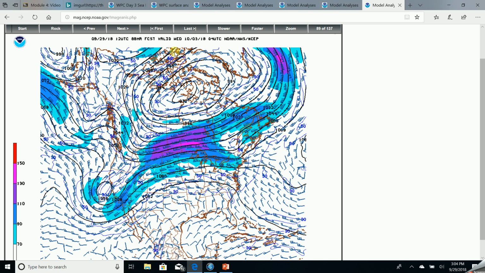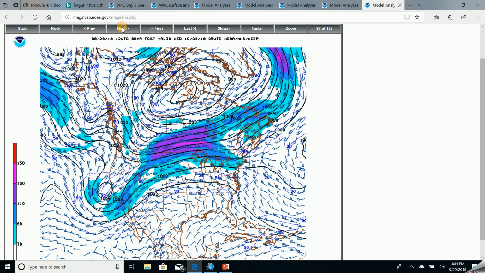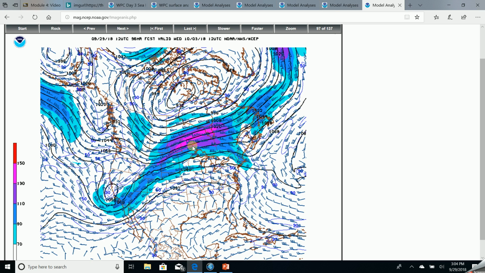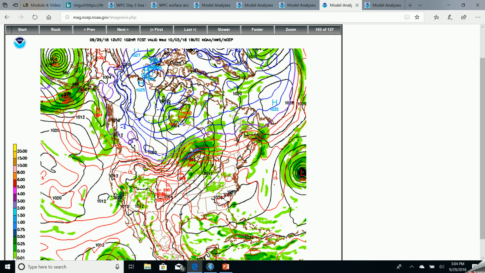Here's your left exit. Now if you watch that going up there, it gets even bigger and more intense down in here with time. And you can see the low. So the jet's up here, the low's down here. There is that slope in the atmosphere that I want to make sure you understand as well.